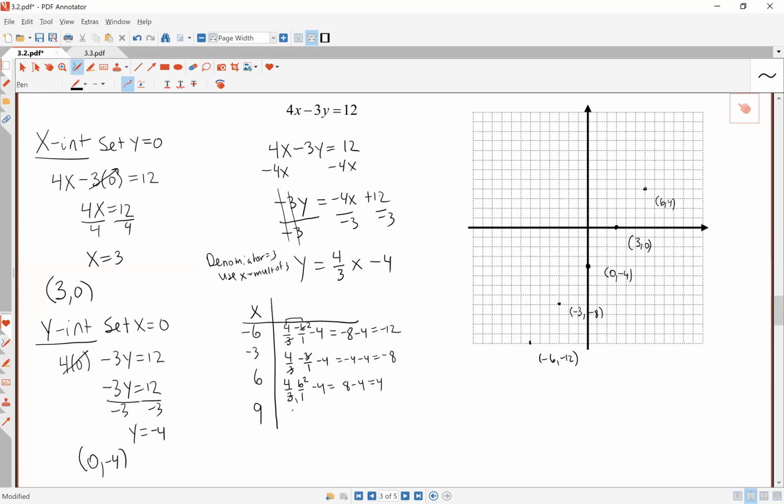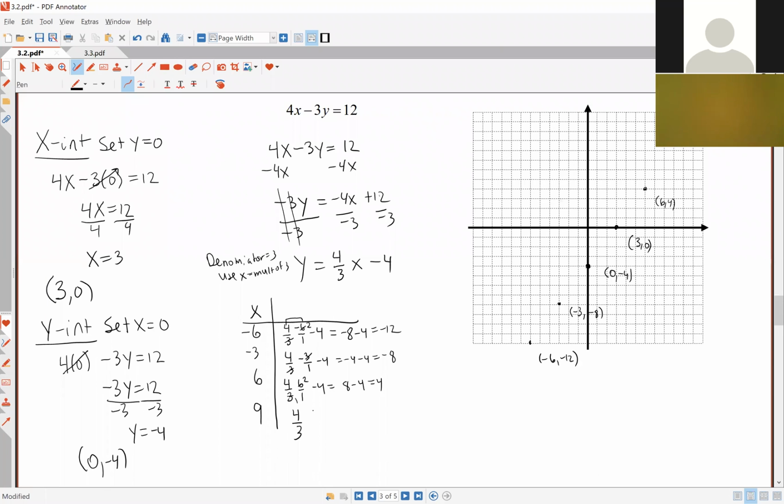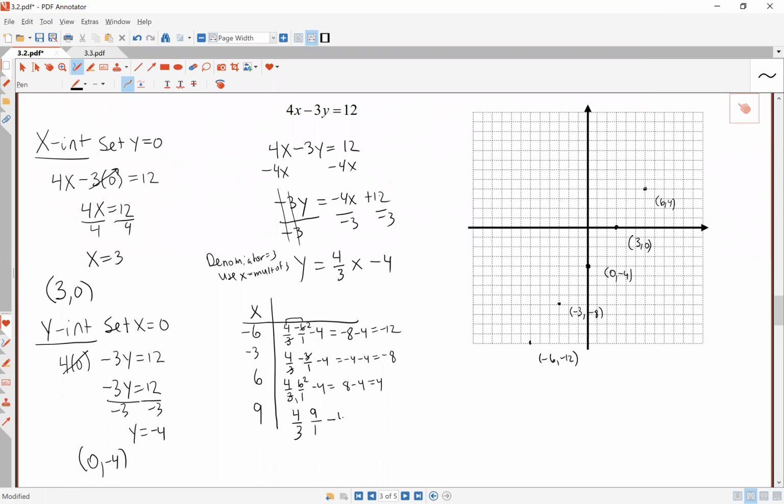But let's plug it in one more time, and we'll talk about patterns in subsequent sections. So plugging in 9, 3 goes into 3 once, into 9 3 times. That gives us 12 minus 4, which is 8. So now we have (9, 8).